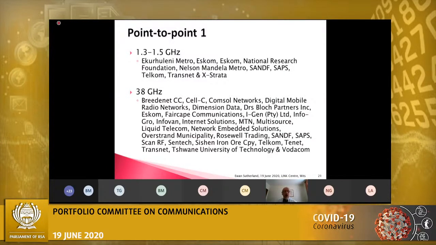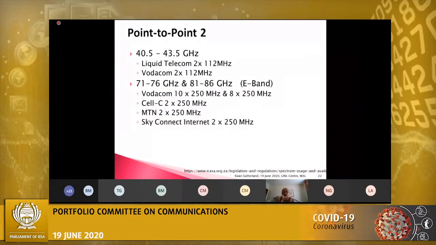There are all sorts of people who have got municipalities or universities which are available, and that then allows you to do the public-facing part in the standard band, and then point-to-point links behind that, where microwave is still sufficient. But clearly, at some point, people will want to put in fiber in many cases, just because if you've got a whole lot of people watching high definition videos, that's going to be what you require.